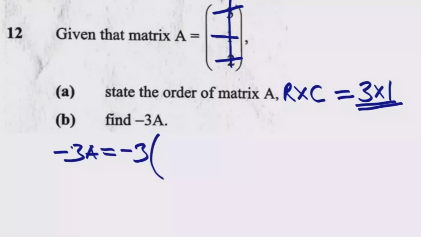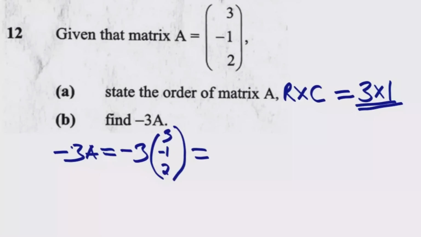Let me just label this so that we can have clear numbers. Then we say 3, negative 1, 2. Okay, so we say equal to, what do we do now?